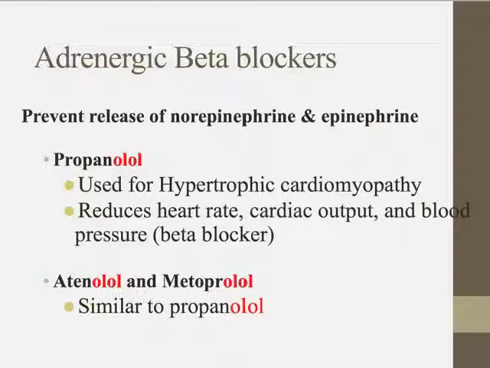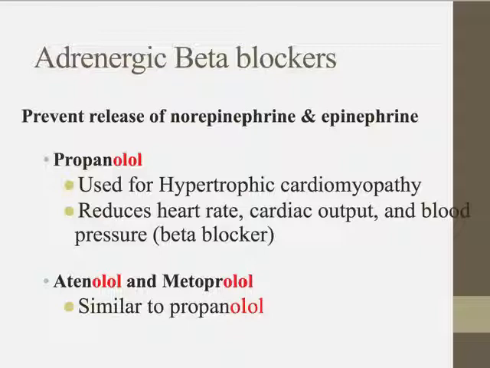They slow the conduction velocity through the AV node, and they are useful in slowing down the ventricular response rate to SVTs. They possess negative inotropic, negative chronotropic, and positive lusitropic properties. Negative inotropism is not really beneficial to patients who already suffer from systolic dysfunction. So the main drugs that we use are propranolol and atenolol, as well as metoprolol.